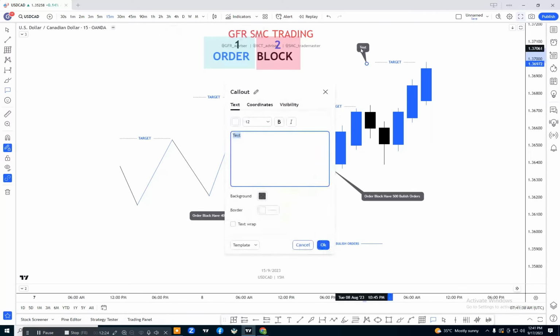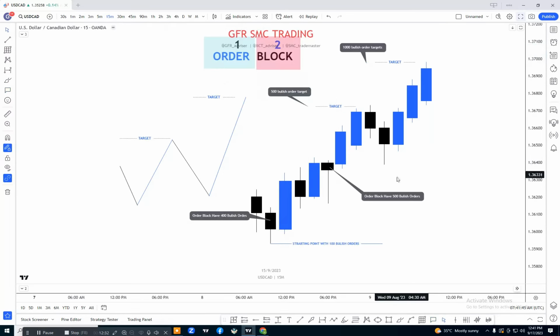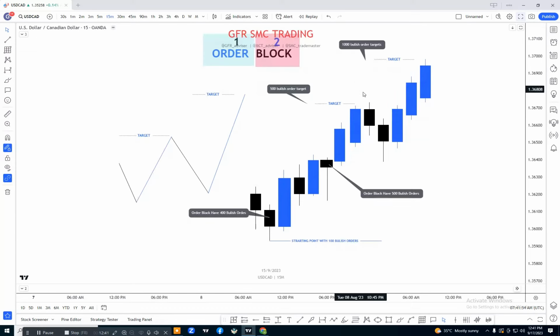Here is the 1000 bullish order target. The market has two targets here. The market will start here and its final target is at this point, which has $100 targets. So how will the market pump from this point to this point? We will discuss in this diagram. We will consider our car as a candle. Let me start with a candle.